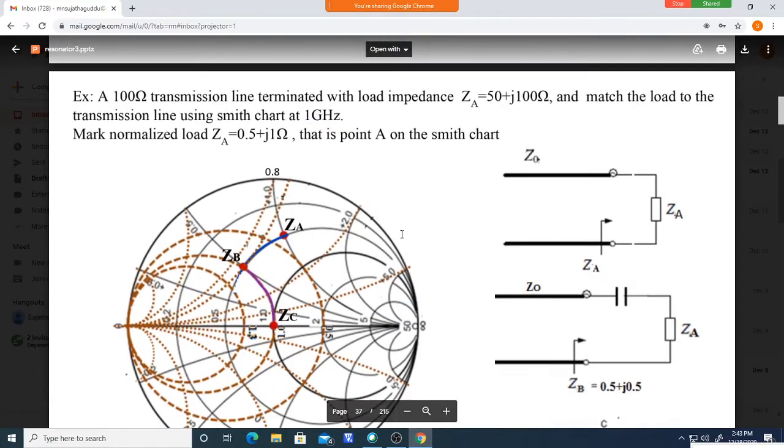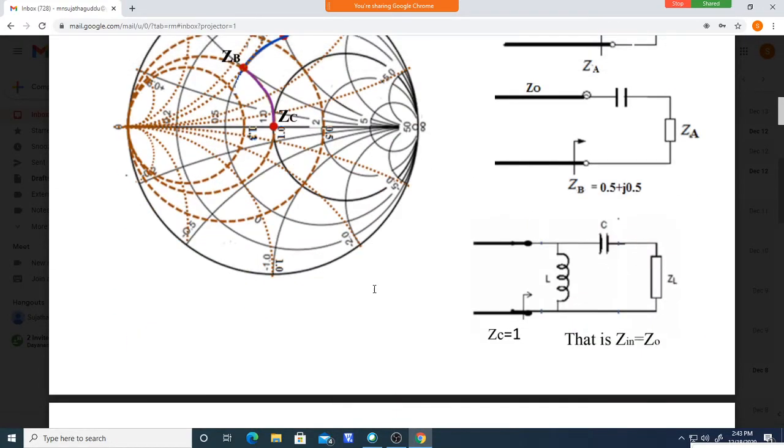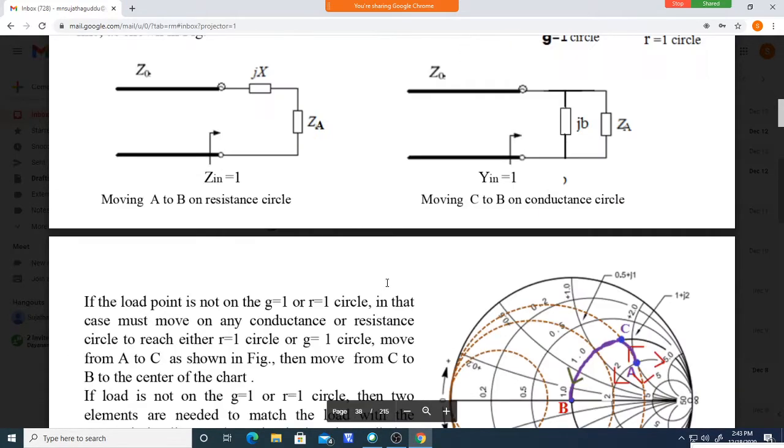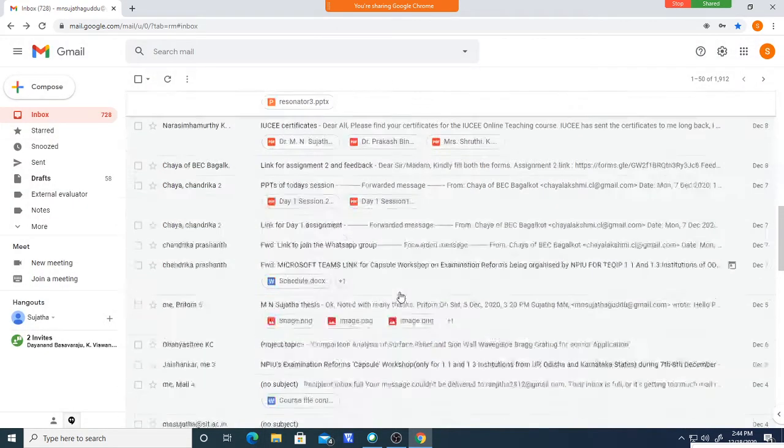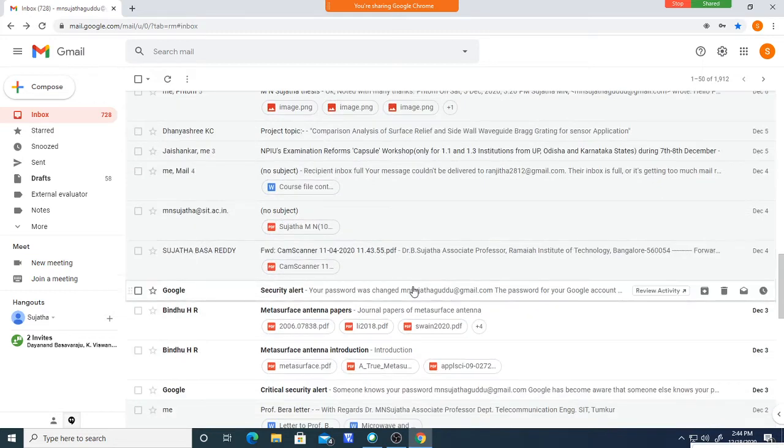And in the fifth unit, that is amplifier design, again, design a high gain amplifier or a maximum gain amplifier design. I have told this while doing that unit.